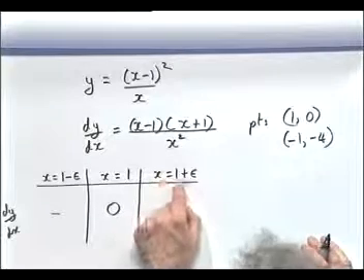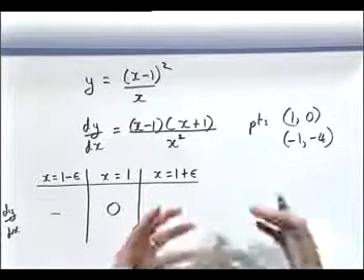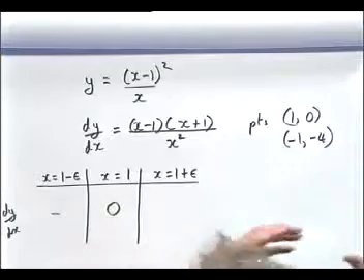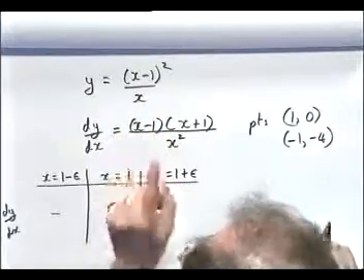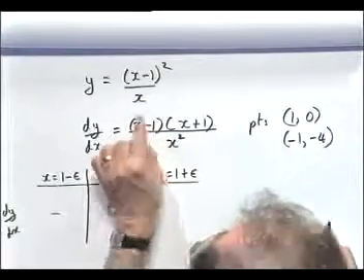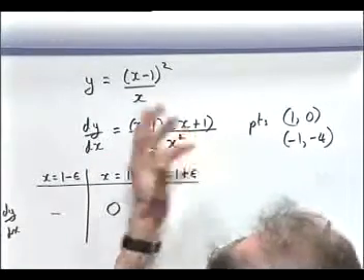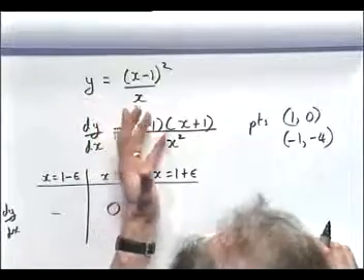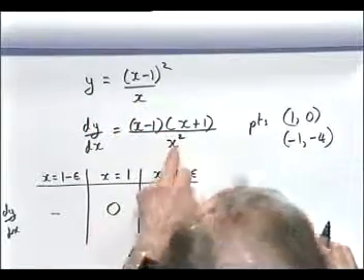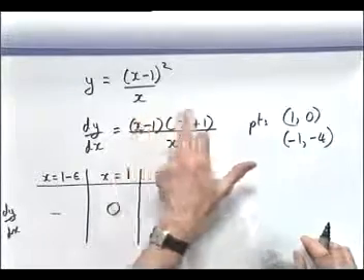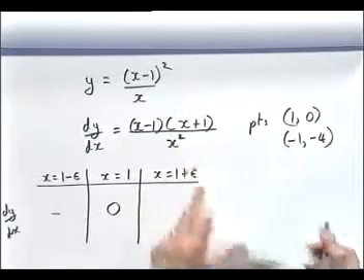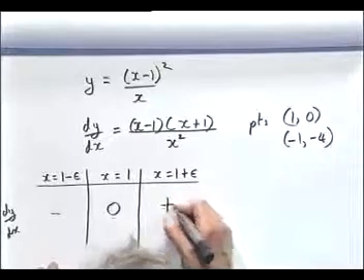Let's have a look when x is a little bit more than 1, a little bit bigger than 1, 1.01. Well, a little bit more than 1 take away 1, that's positive. 1 plus a little bit more than 1, that's positive again. And this is definitely positive in the denominator. So a positive times a positive divided by a positive gives us a positive.